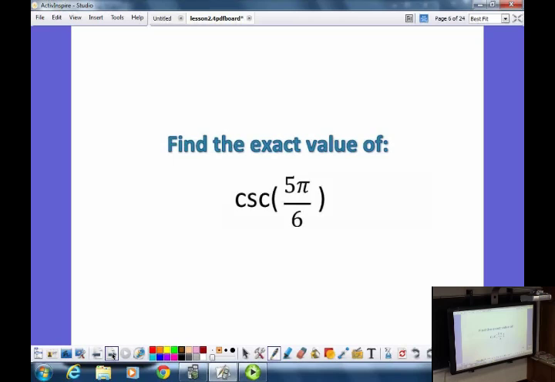Yeah, sure. Find the sine value over 6. Just by taking 1 over whatever you did. That's your answer.